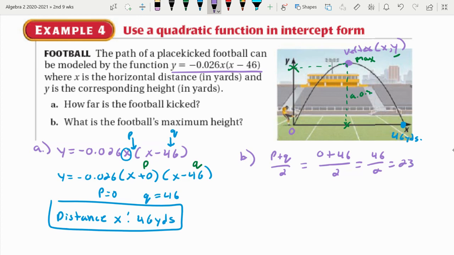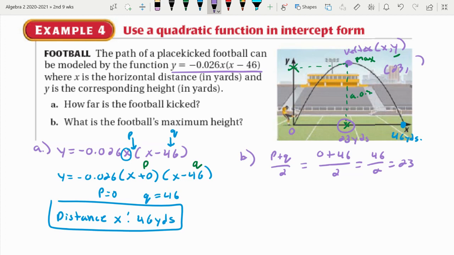Okay. And if I'm looking at my vertex, it's going to be 23, comma, we got to find that y, that's our height. But if you look at the picture, right, we start at 0 to 46. Here's a halfway point. Just divide that by 2. That's 23 yards right there.